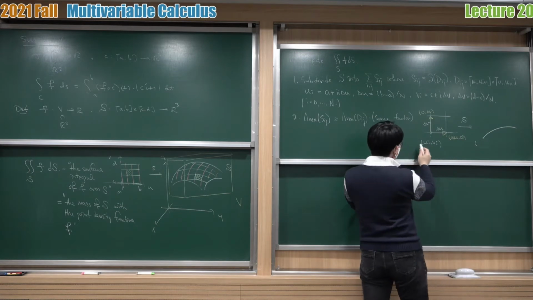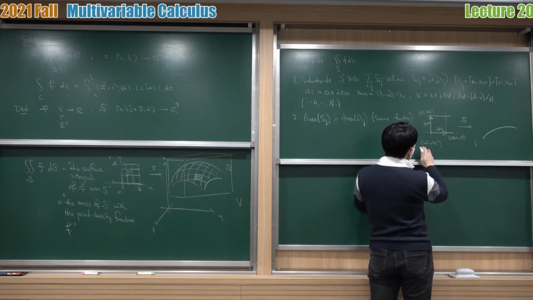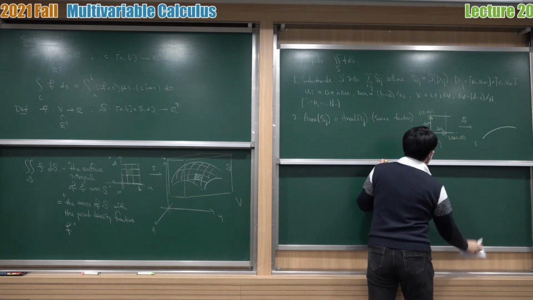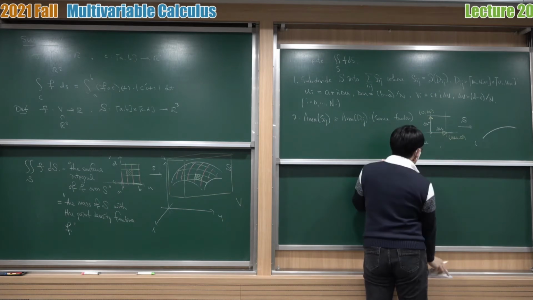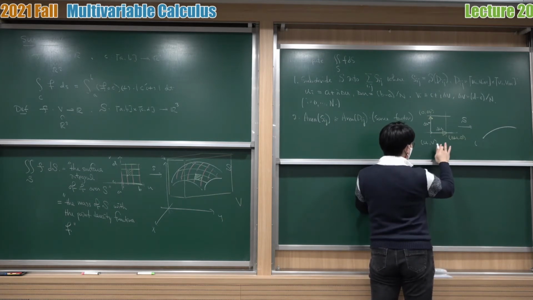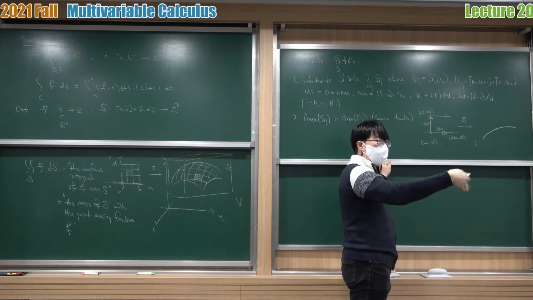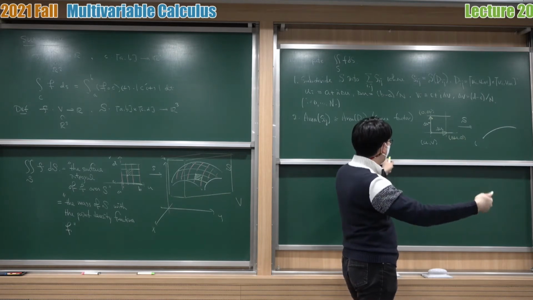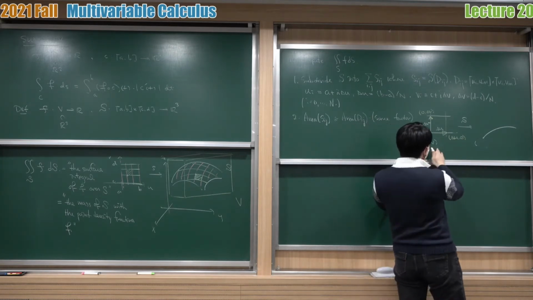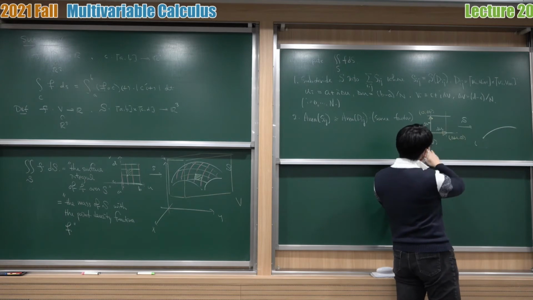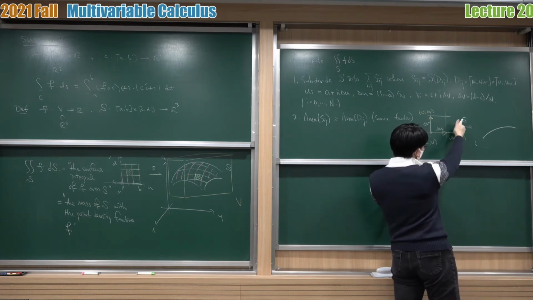Let me just replace this point with u, v for now, because I can add my ij information later once I talk about what's going on inside of this parameterization.